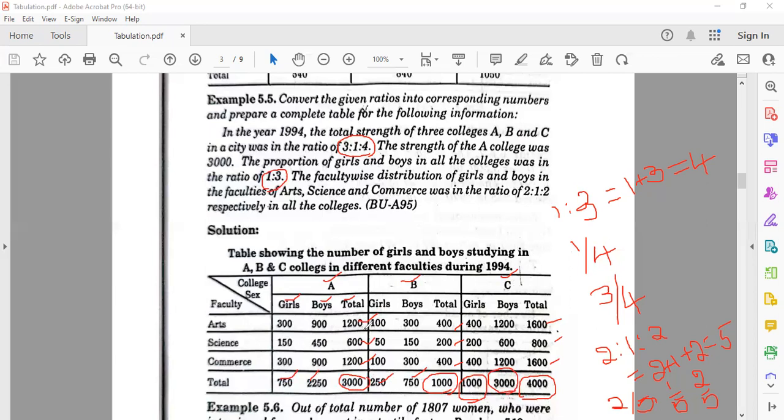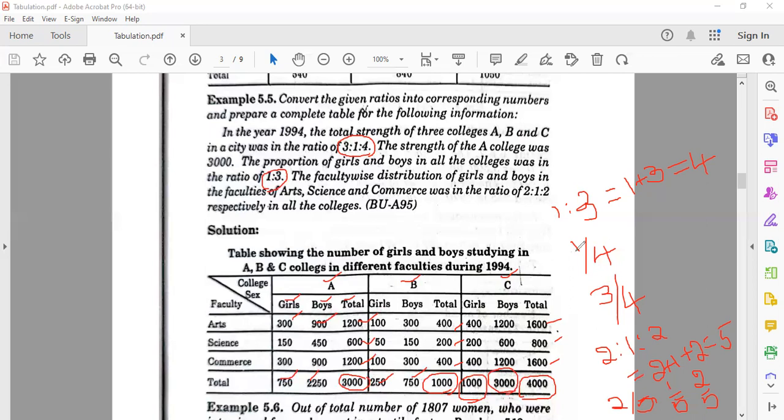So 1/4 of 1,200 is 300. Similarly, 3/4 of 1,200 is 900. So that is how you get 300, 900. Similarly, for arts for B it will be 100, 300. For college C, the arts girls will be 400 and the boys will be 1,200.